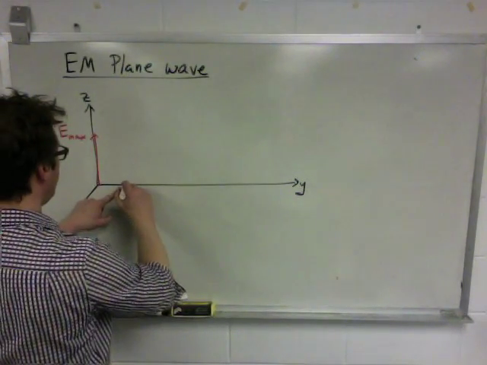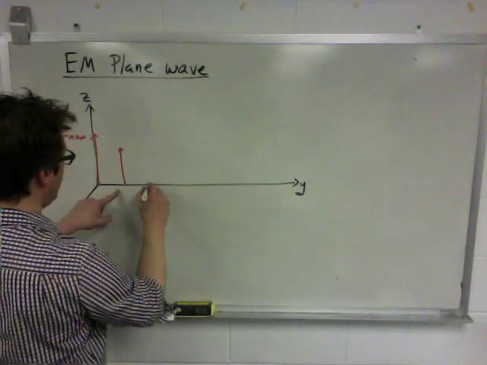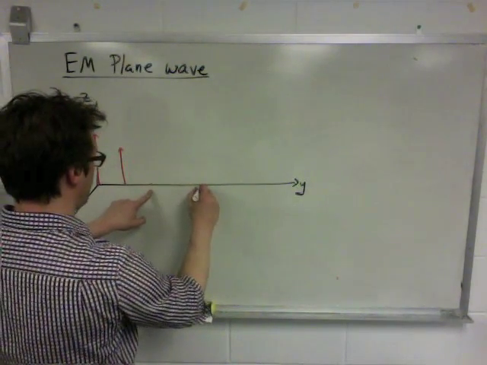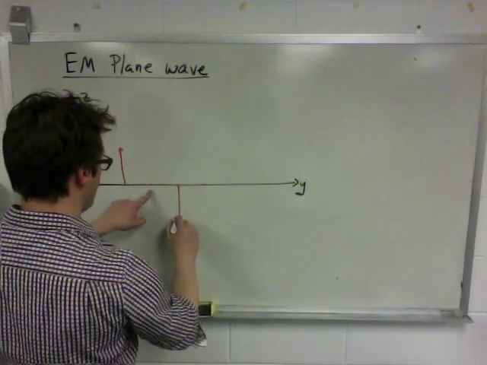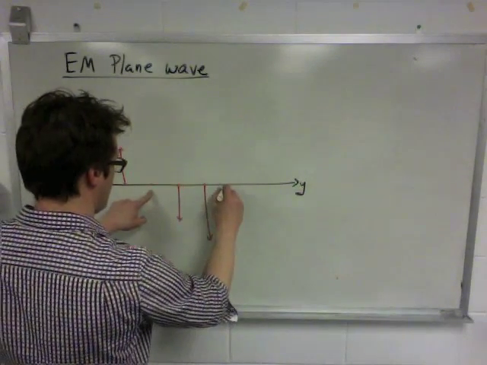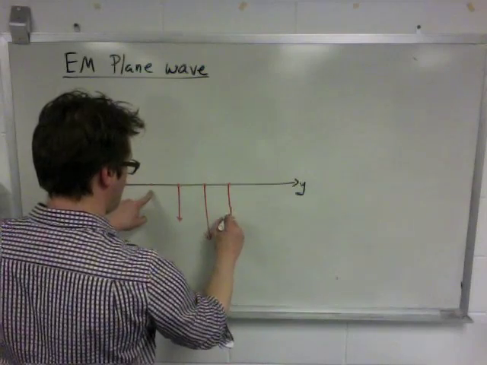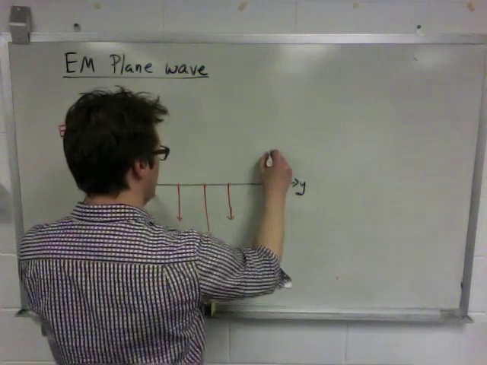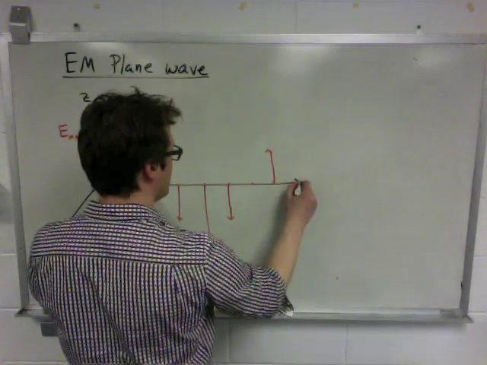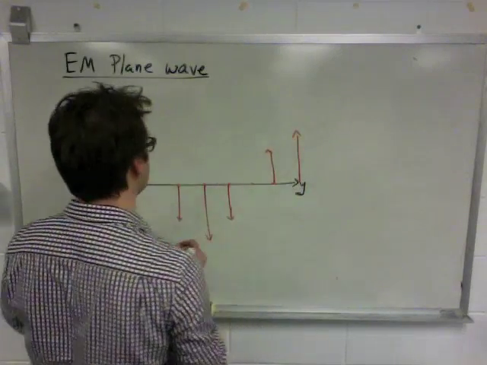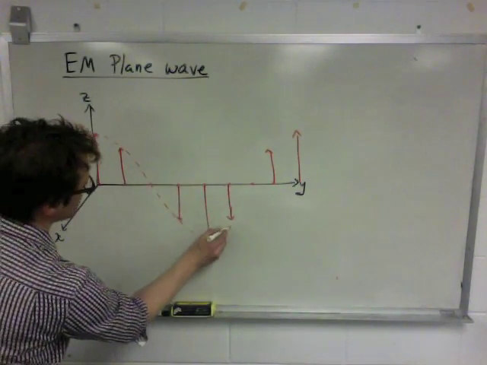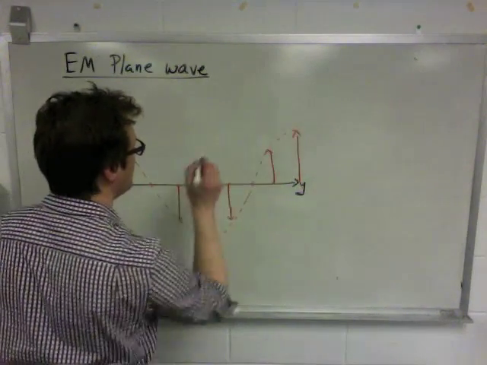A little bit to the right, the electric field is going to be not quite as big, and if I look here, it may be like that. So I'm just looking at how the electric field vector looks at various points along the y-axis. And I might get something like this. If I draw sort of an envelope, you can see what this looks like. It looks like a wave, right?